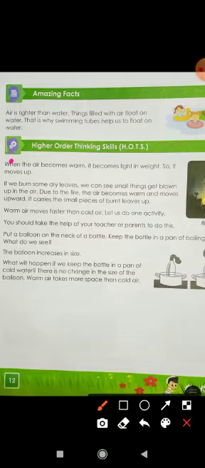So it moves upward. So it moves in upward direction. Correct? So if we burn some dry leaves, we can see small things get blown up in the air.